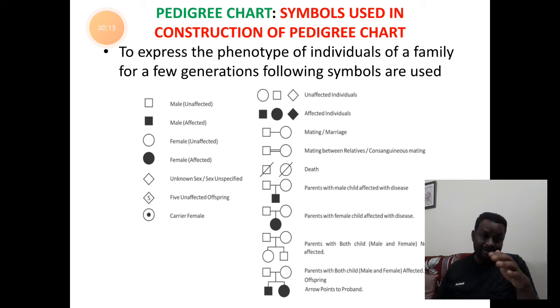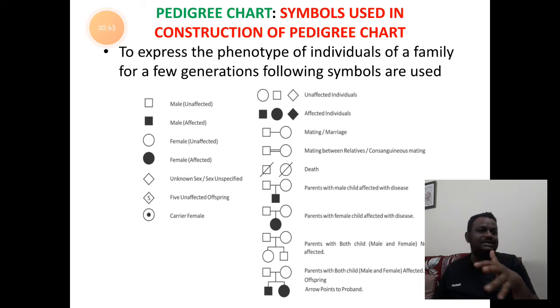For parents giving birth to normal children, one is a normal daughter, the other one is a normal son. The last symbol, when we look at two affected parents, they give birth to affected children, a son and a daughter.